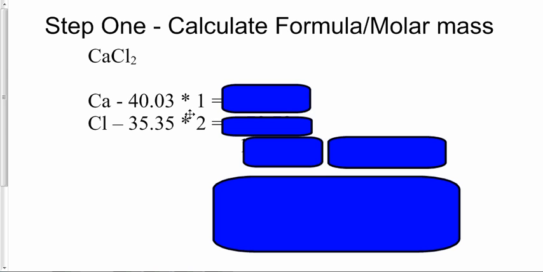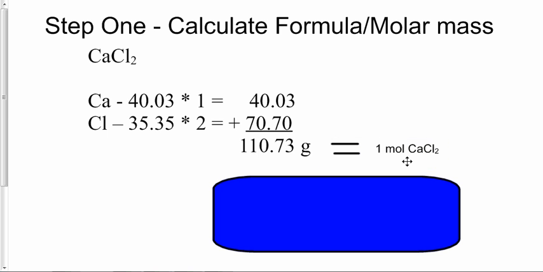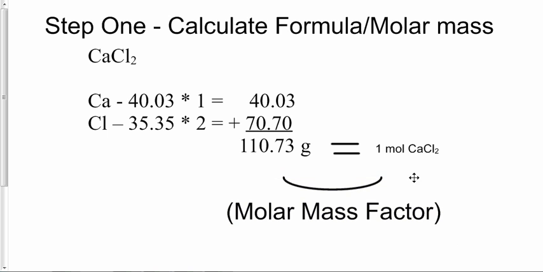So 40.03 times 1 is that, and that times that is that. Then I add those two numbers, I get a sum, 110.73 grams. That is equal to 1 mole. And this whole thing is the molar mass factor for this compound, calcium chloride. So now I've completed my first step.